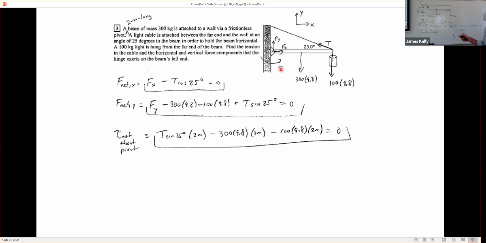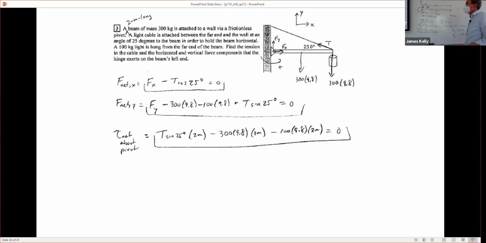Instead, I'm going to use one of my other torque formulas, which is the perpendicular component of the force, that would be T's Y component, times the full R direction. So R times F perpendicular. That's 2 meters times the perpendicular component of the tension, T sine 25, the vertical component.